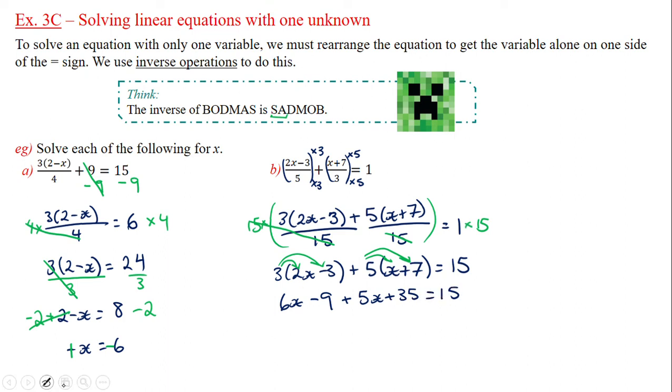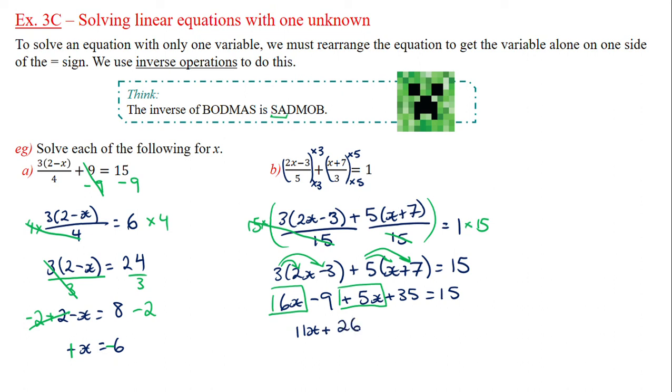Okay. We're going to now combine our like terms. So again, we are reviewing things from year 8, 9, and 10. 6x plus 5x is 11x, and negative 9 plus 35 outside of those boxes is 26.